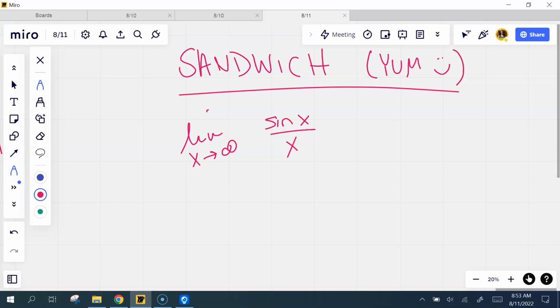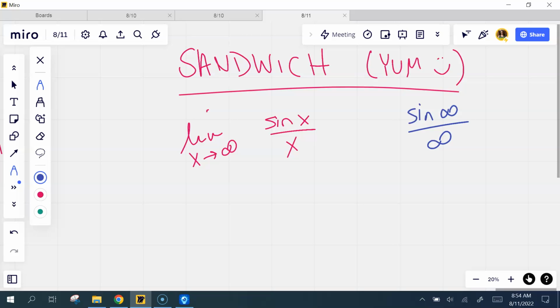But now my question is, how about if I go to infinity instead of to 0? What happens if I plug in? Let's try it, because I always want to try it if I can. I don't know, right?